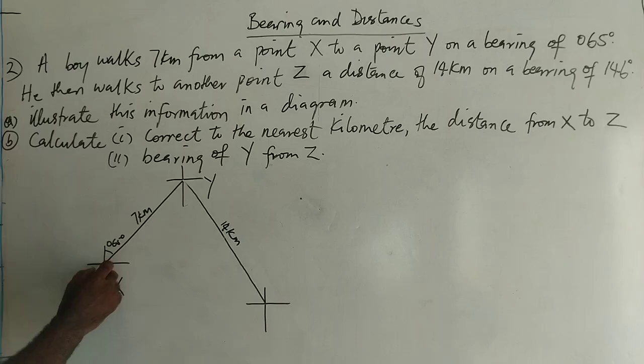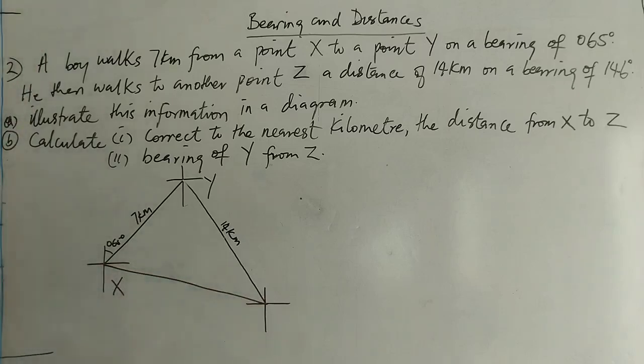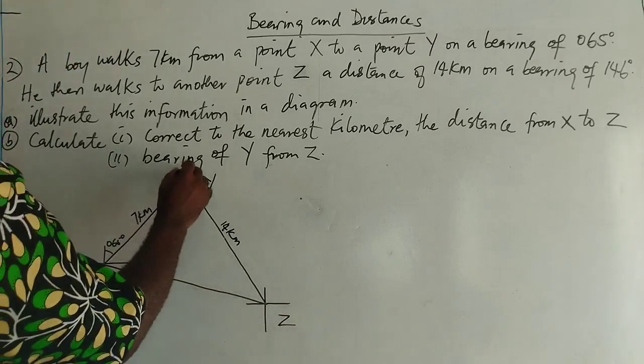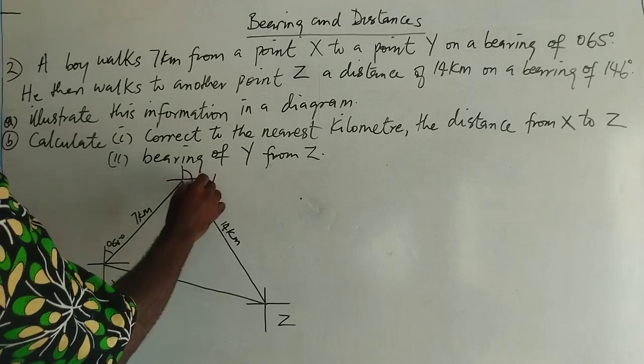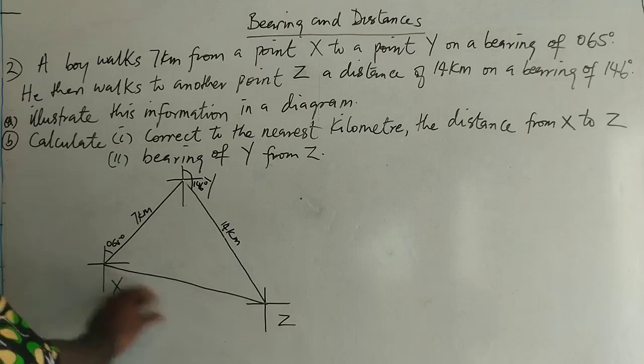And then finally, we close the sketch. This is our Z, and the angle is 146 degrees. Okay, so this is the sketch. The next thing is to calculate the distance X to Z.